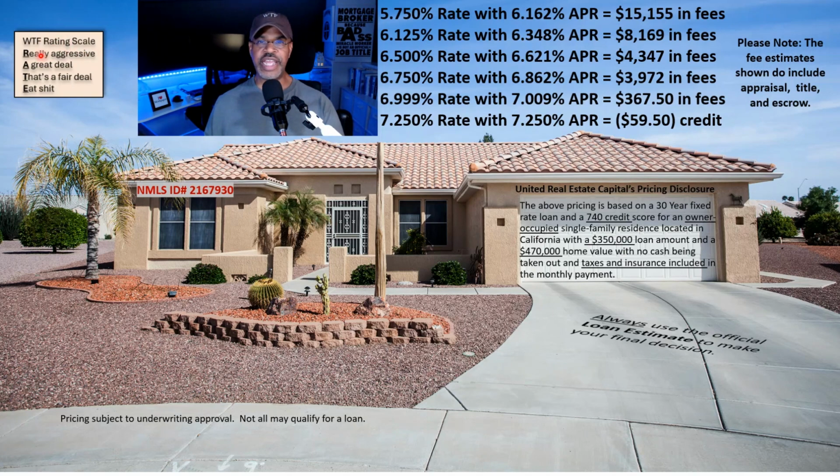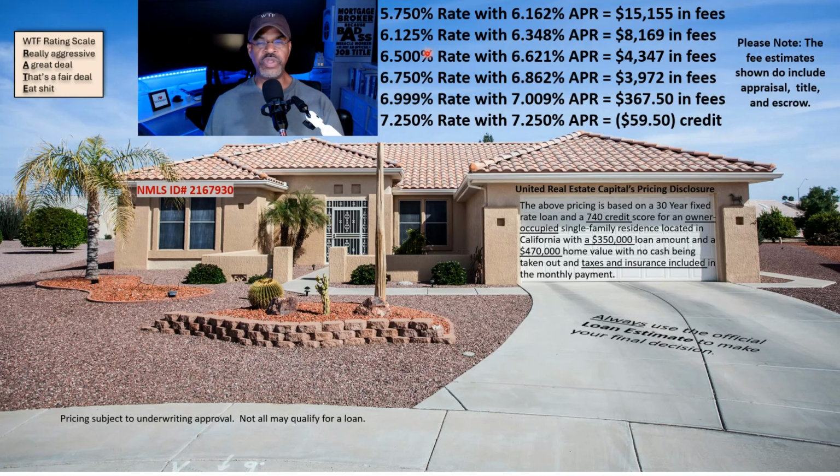That's indicating either that's a really, really good deal or they're kind of BSing on their advertising. They're using some bait and switch stuff. So down here, the A, a great deal. So I rate this pricing within the A category, a great deal.